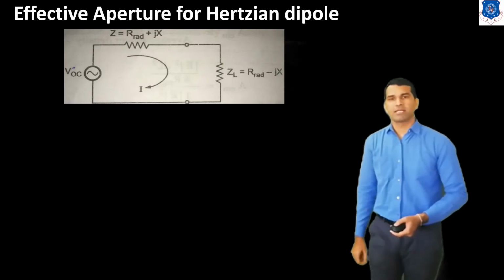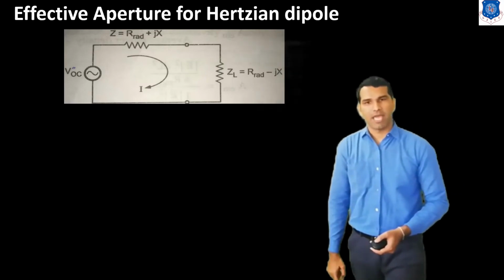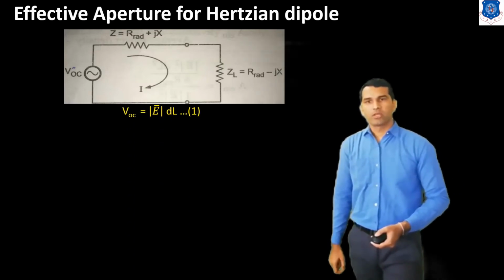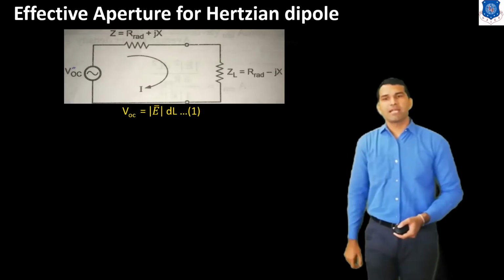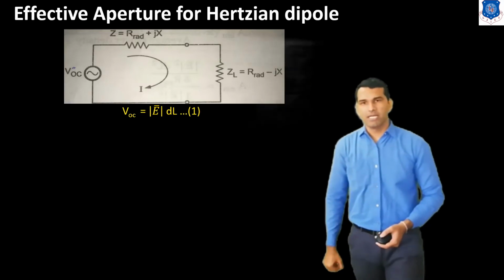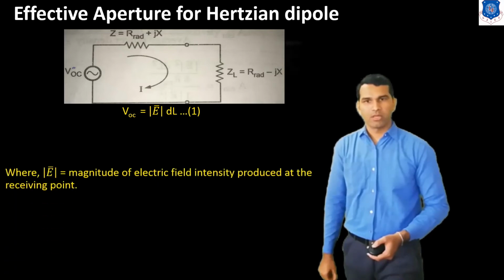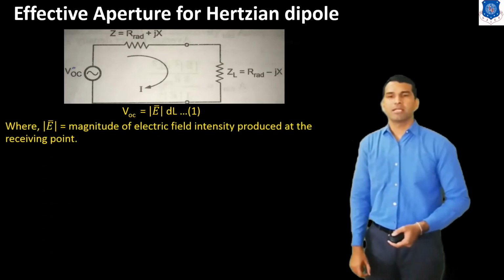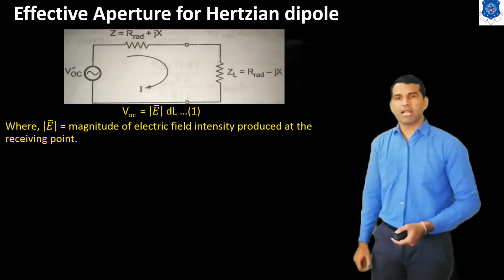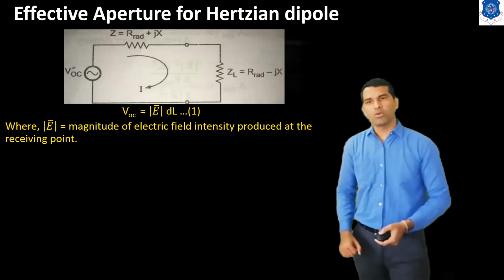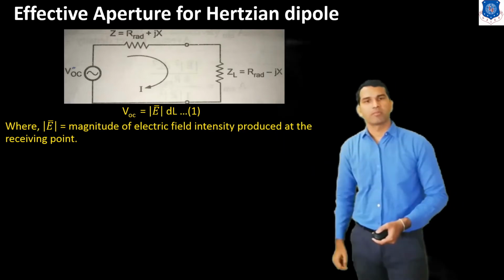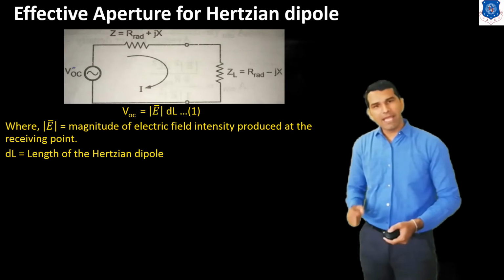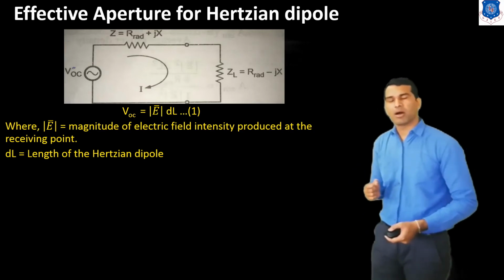So we can write ZL is equal to R radiate minus jX. From this figure, VOC is equal to E dot dl, where E indicates the magnitude of the electric field intensity produced at the receiving point, and dl indicates the length of the Hertzian dipole.